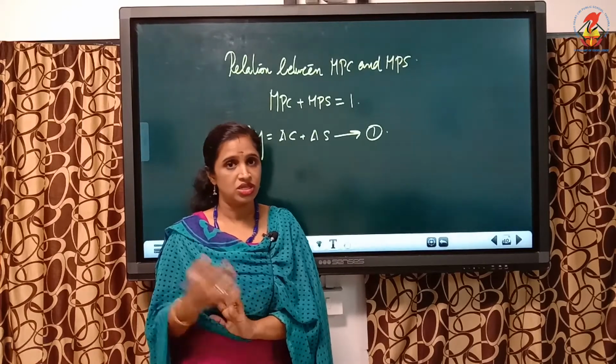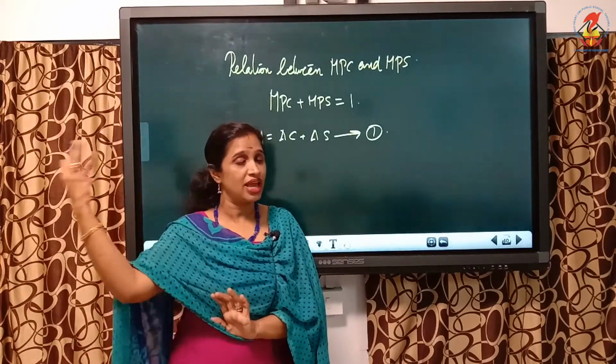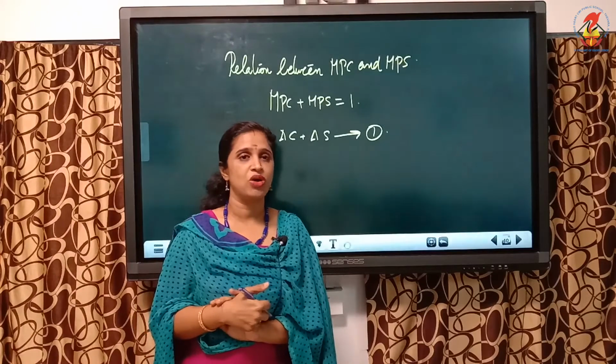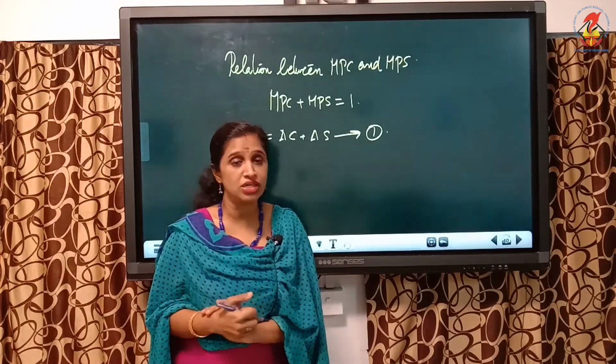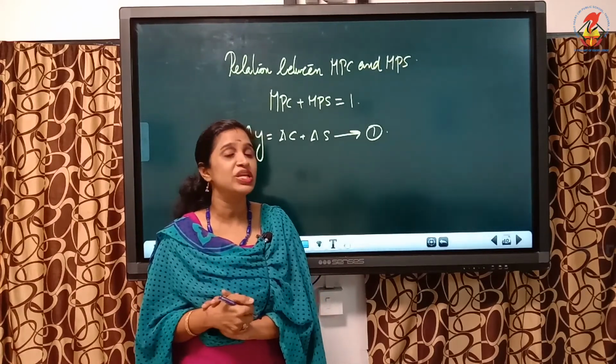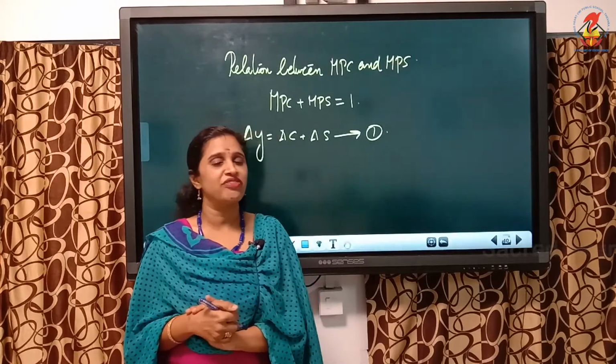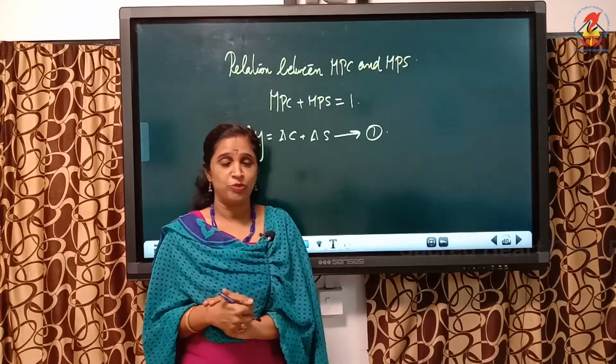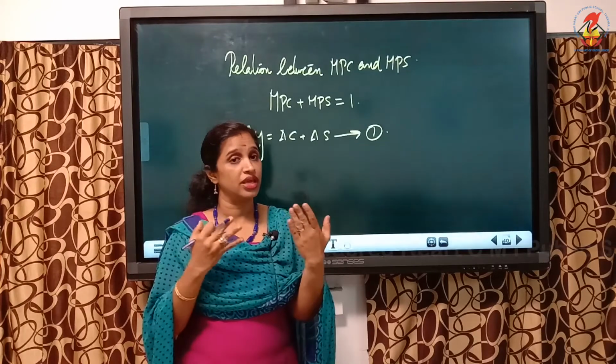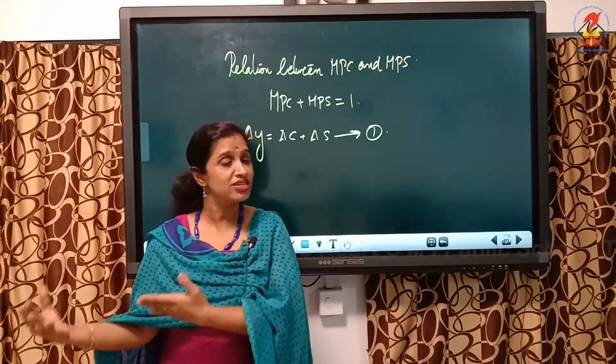Why? Because MPC and MPS both speak about the ratio of change in consumption to a change in the income, and the ratio of change in saving to a change in the income. Therefore, there are three components there: income, consumption and saving.